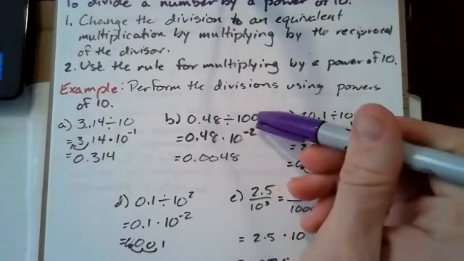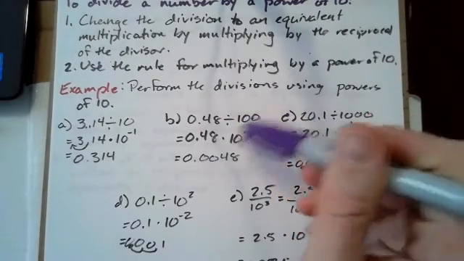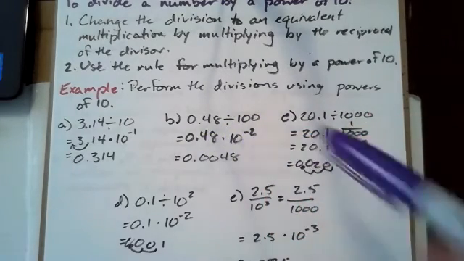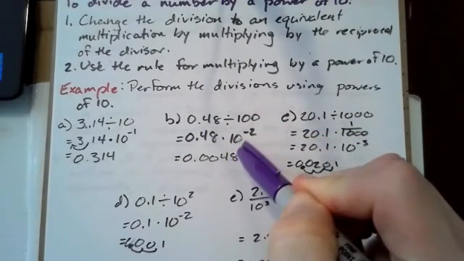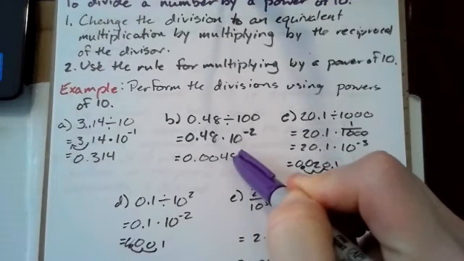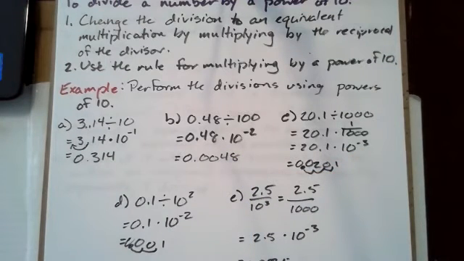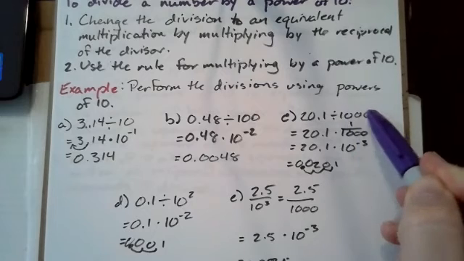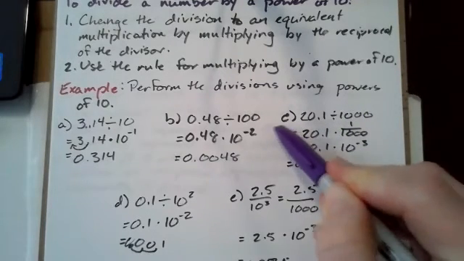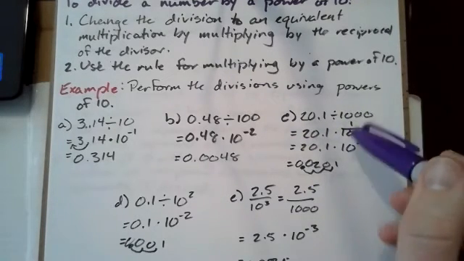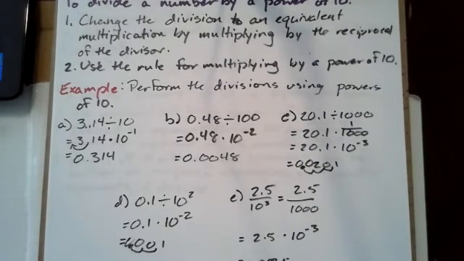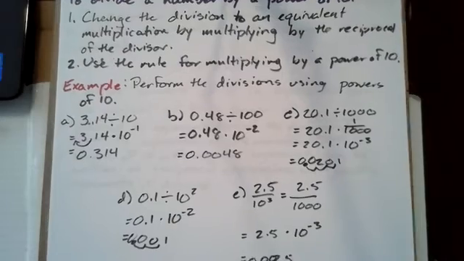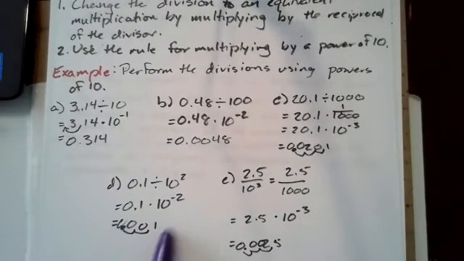Dividing 0.48 by 100. That's 0.48 times 10 to the negative 2. I move the decimal point to the left 2 spaces, which will give me 0.0048, which is 48 10,000ths. 20.1 divided by 1,000, I move the decimal place 3 units to the left. That becomes 0.0201, 201 10,000ths. 0.1 divided by 10 squared.